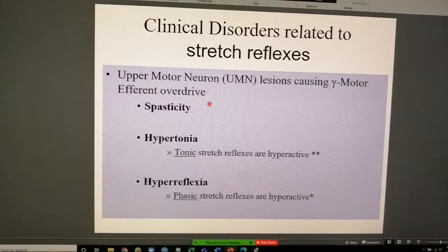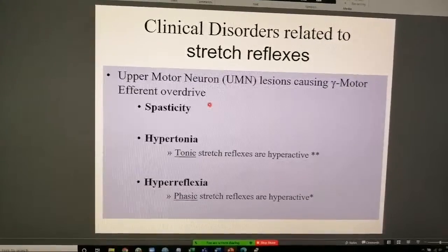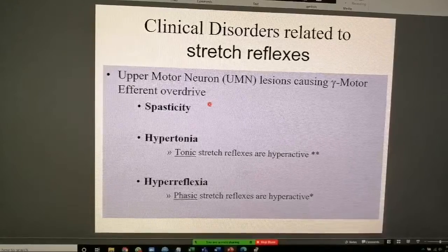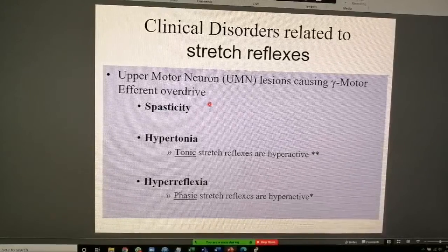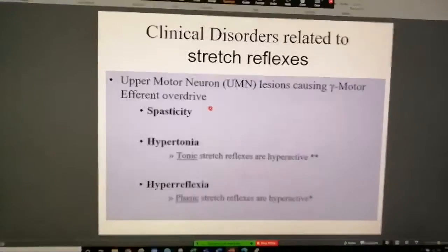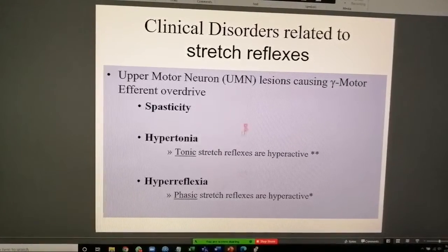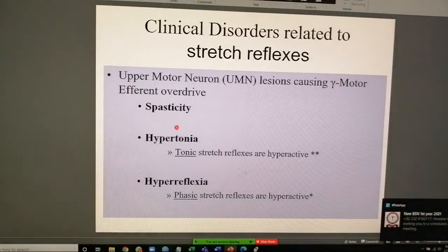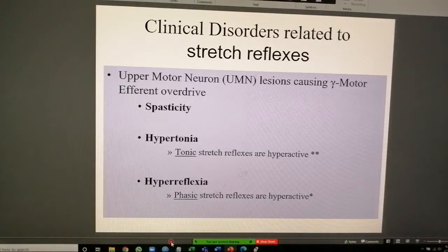You can imagine that when they go into overdrive, whatever they do also gets exaggerated. If you remember what they do, the muscle spindle, when they are exaggerated, is very, very tense.